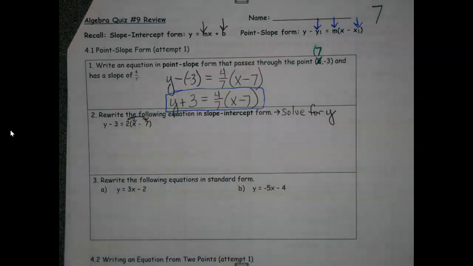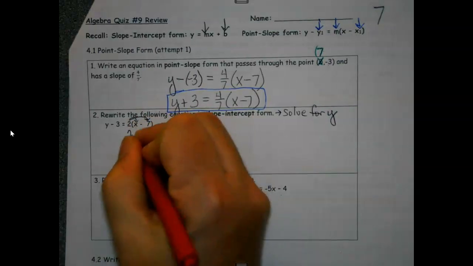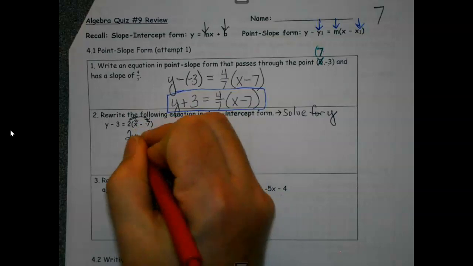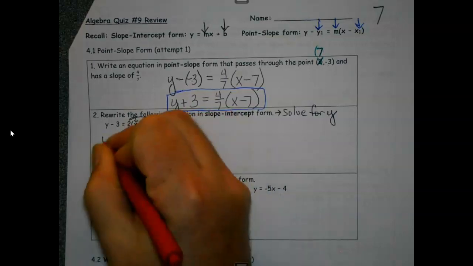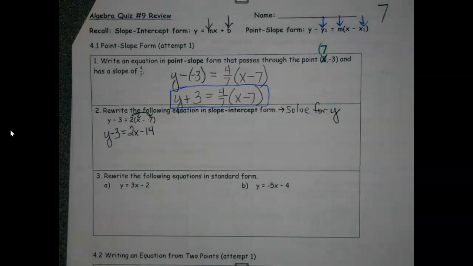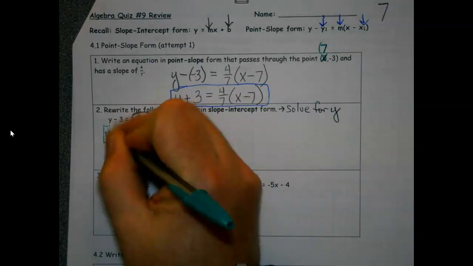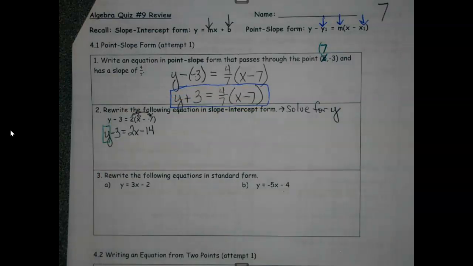Whenever we see parentheses, we're going to deal with those first. So we're going to distribute the 2. We're going to multiply the 2 times each of these. Once the parentheses are gone, then yes, now it becomes time to solve for y.